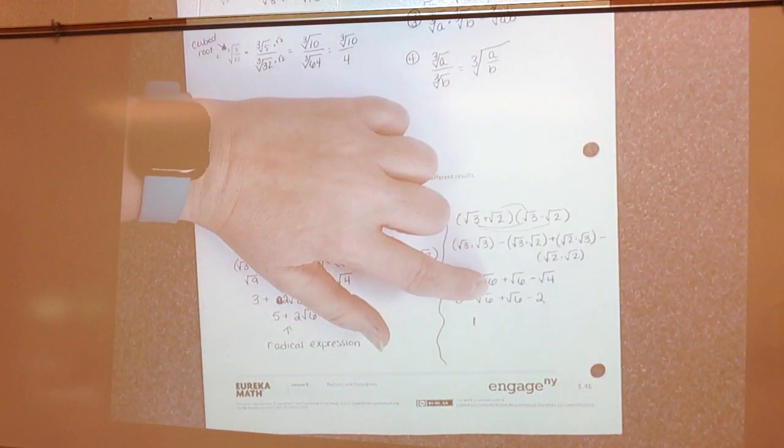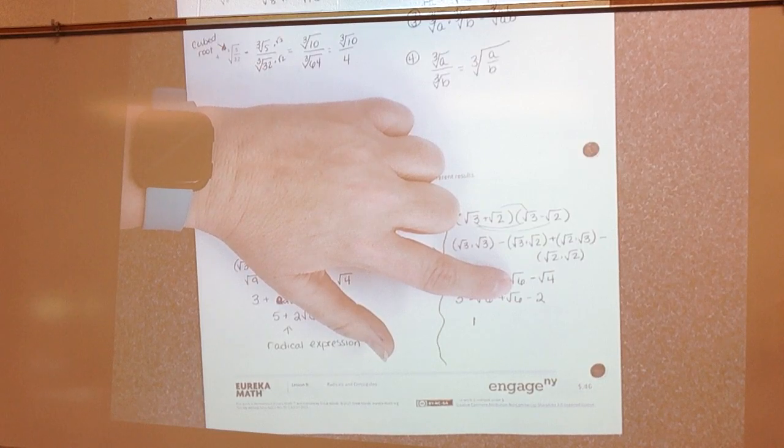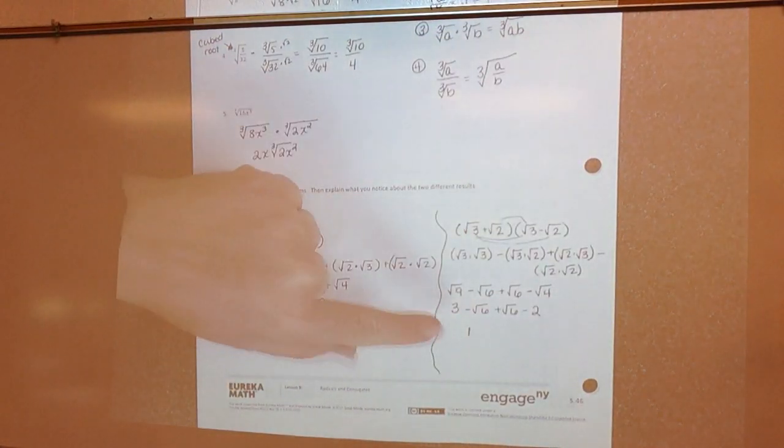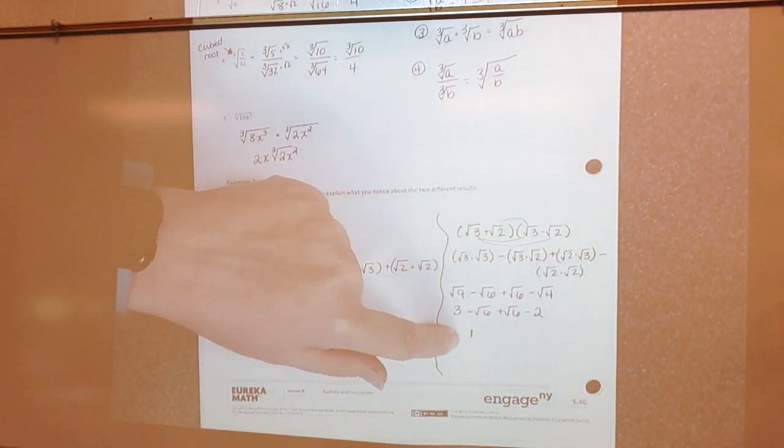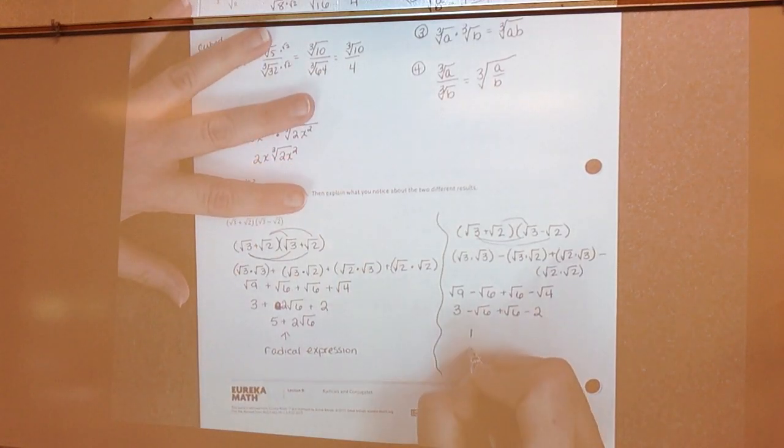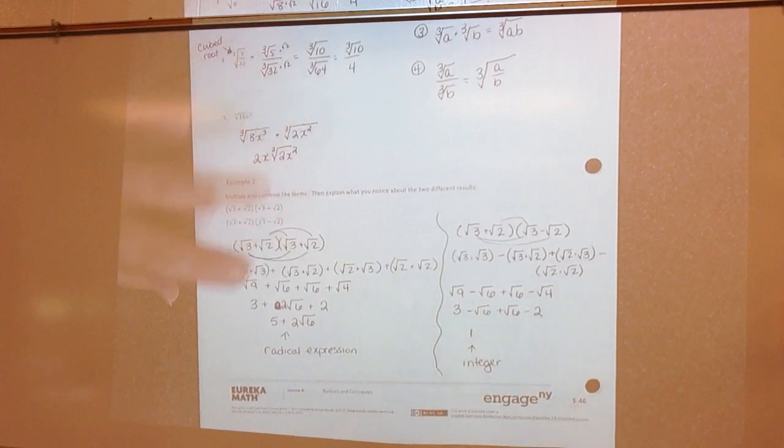And negative square root of 6 and positive square root of 6 cancel out. So look at what I have. I have 1. This is not a radical expression. This is an integer. What do you notice about the two problems? The first product is a radical expression. The second is an integer. The second product has the nice feature that the radicals have been eliminated.